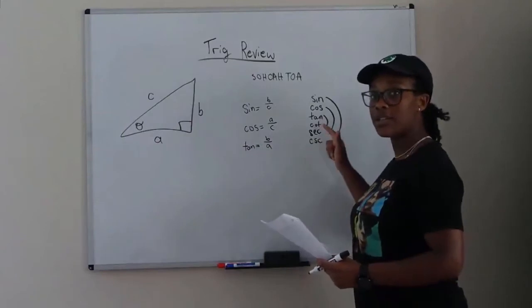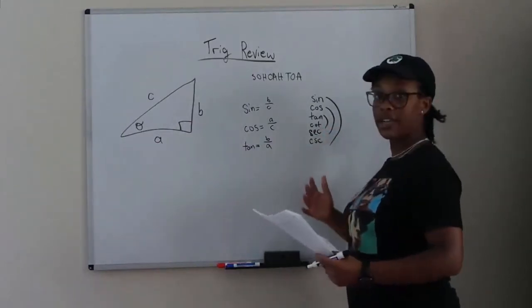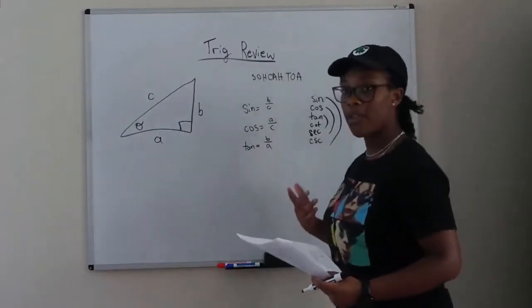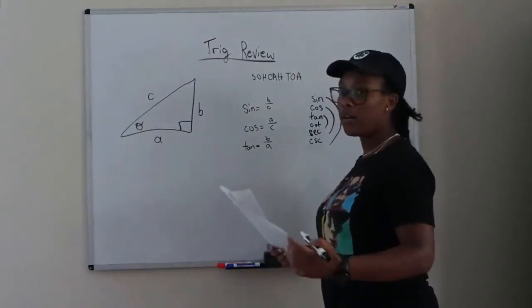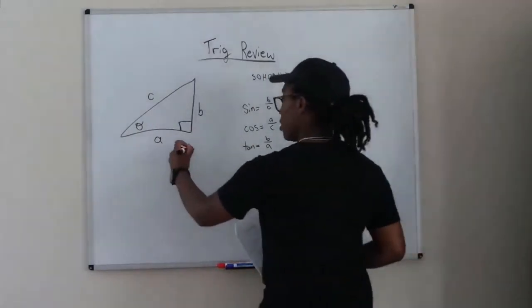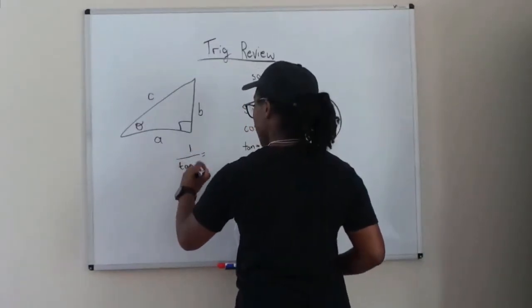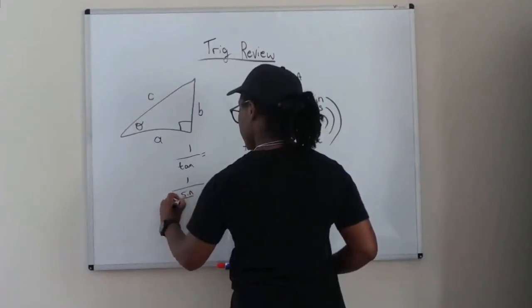For instance, tangent is sine over cosine, but cotangent is cosine over sine. You can remember that as it just being 1 over tangent. If you remember how fractions work, let's say you have 1 over tangent, and tangent is equal to sine over cosine.